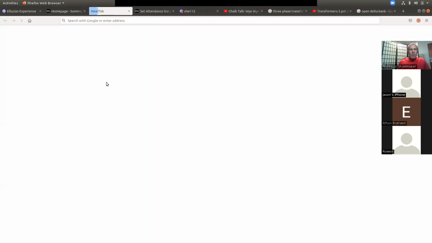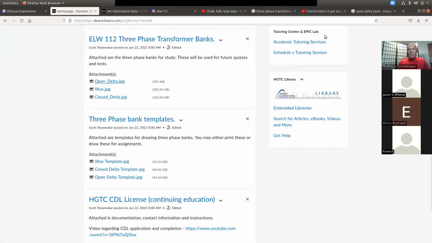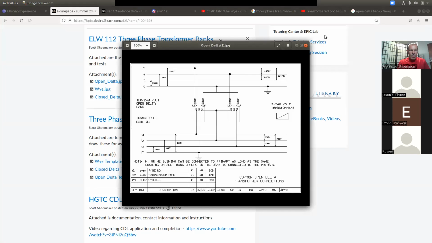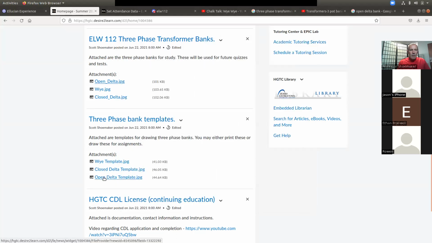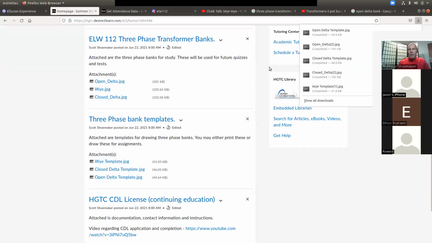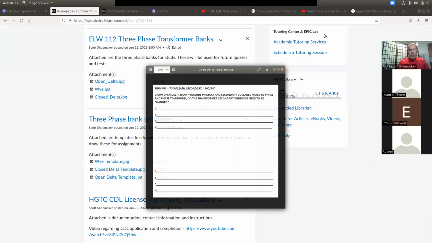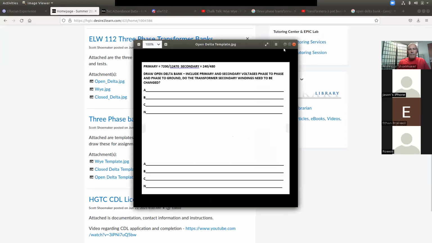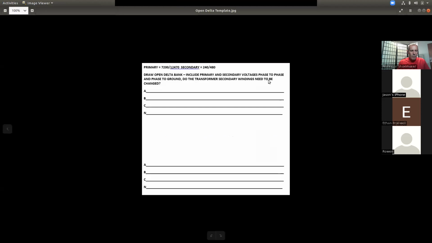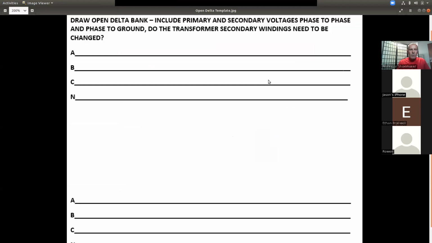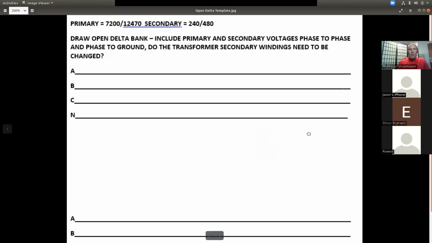Let's take a look at open delta. My secondary voltage is 240, 480.